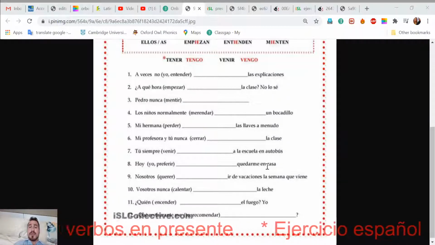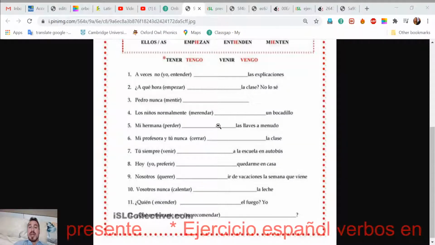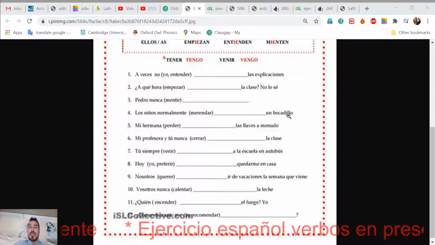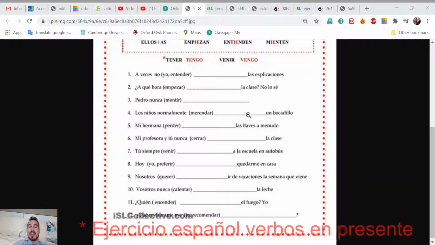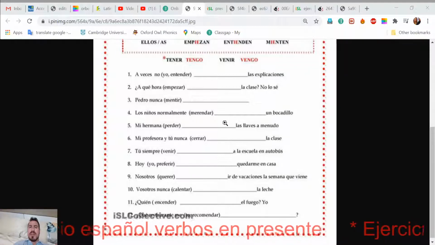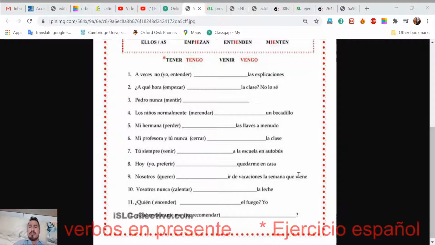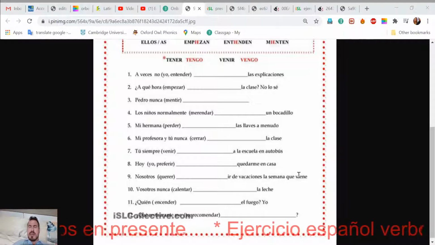It could also be the word snack by itself. So, kids usually have a sandwich as a snack. Merienda is the meal we have at 4 or 5 more or less in Spain, just before dinner or supper.